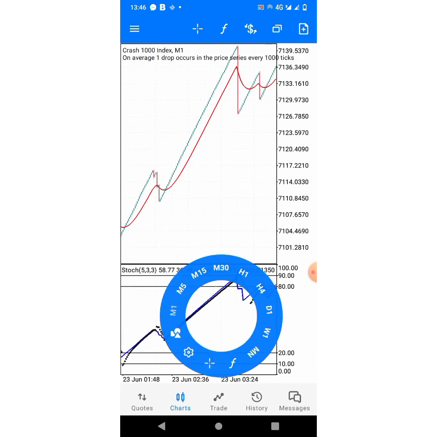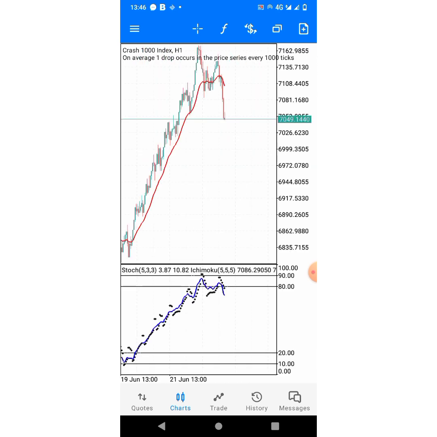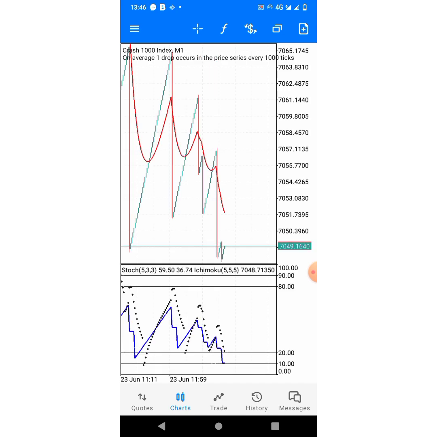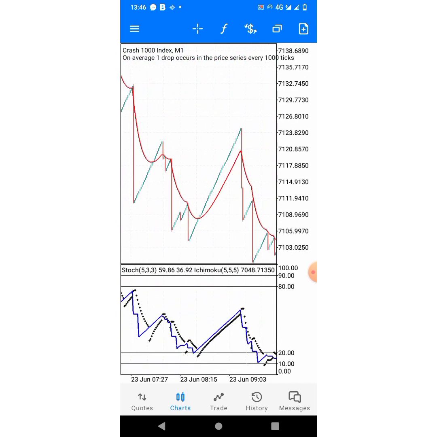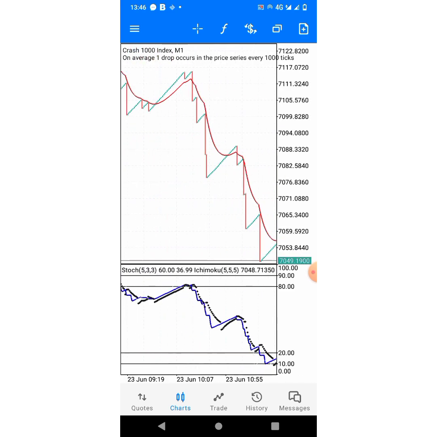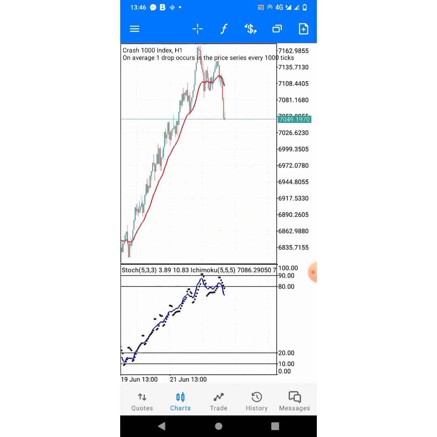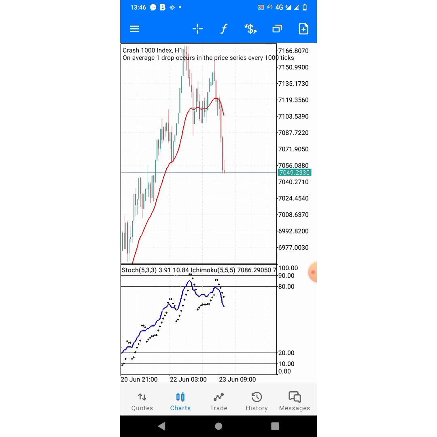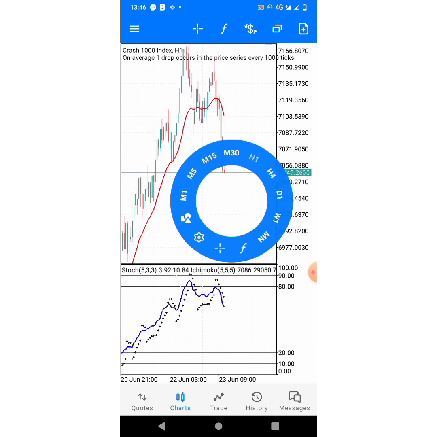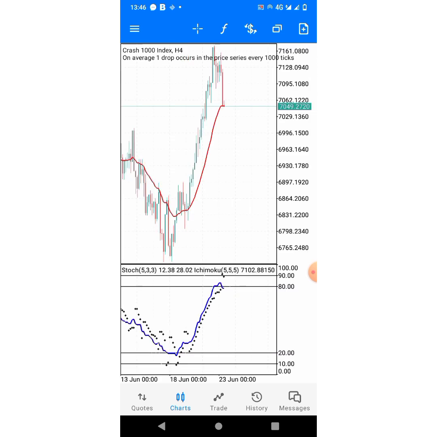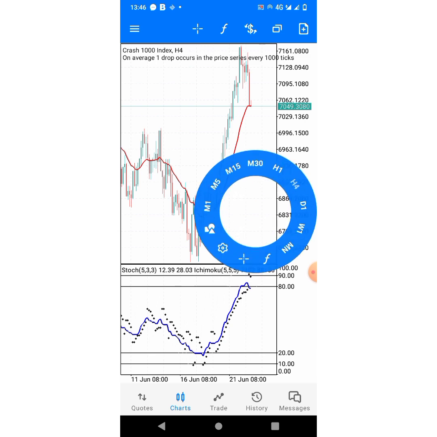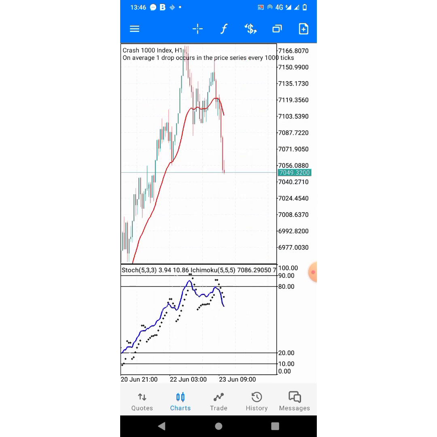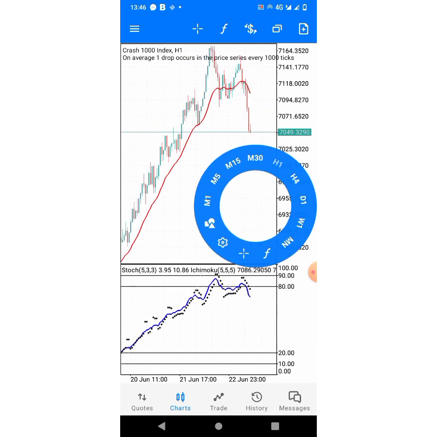So now let's go straight to Crash 1000. Crash 1000 is actually selling now. But despite the fact that it's selling, it's too risky to try to buy crash within this area, because if you see on the 4 hours, on the higher time frame, it's overbought. So trying to buy is too risky.